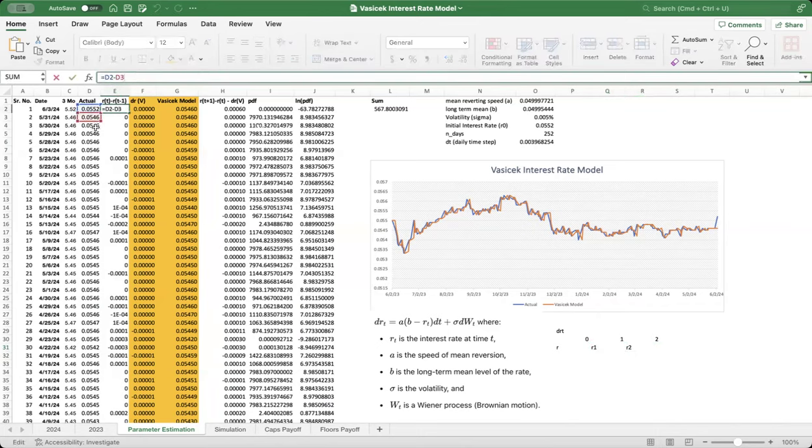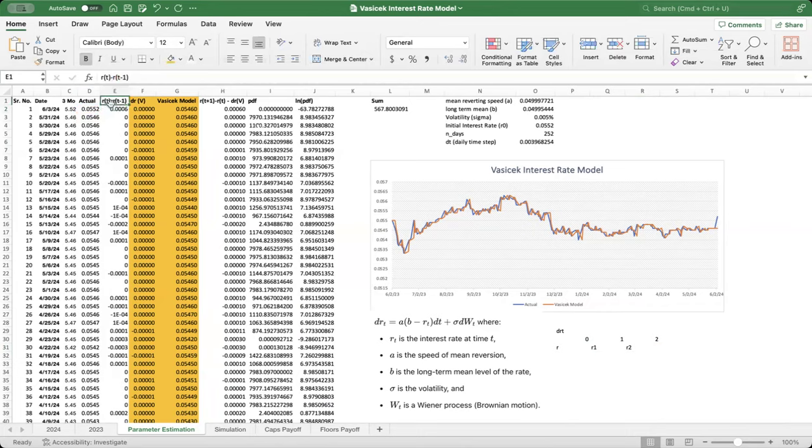So what I've done is I have just calculated the change in interest rate. This term, Rt minus Rt-1, is nothing but our dRt term, which is the change in interest rate. That's why I'm saying, if you have not seen my theoretical video on Vasicek, I highly recommend it, because in that I have explained all the terms used in this Vasicek equation.